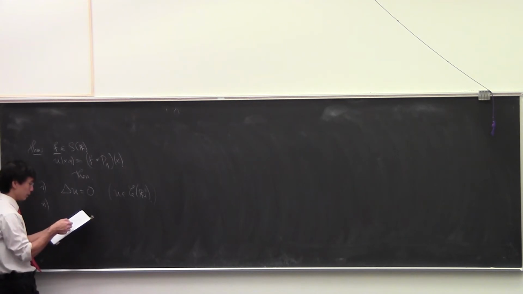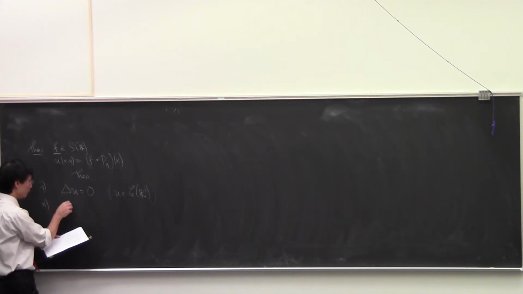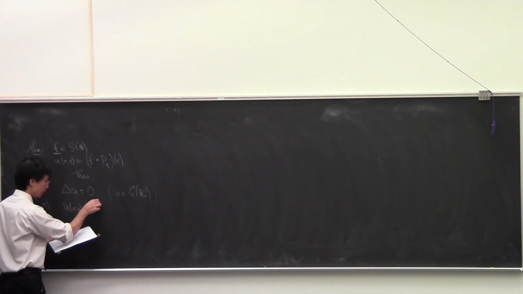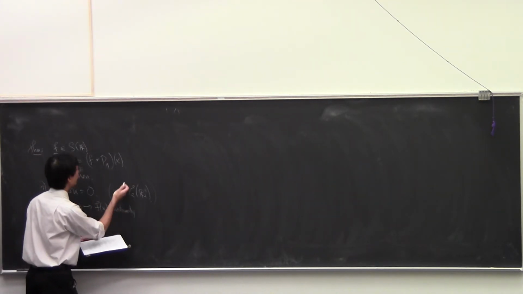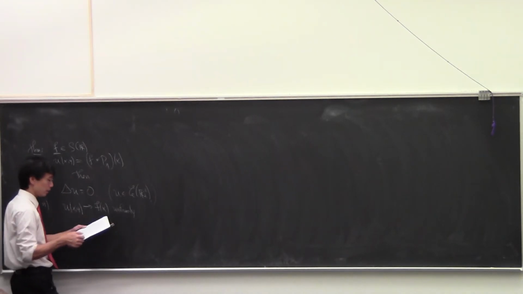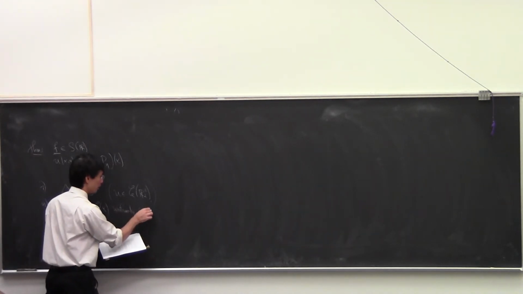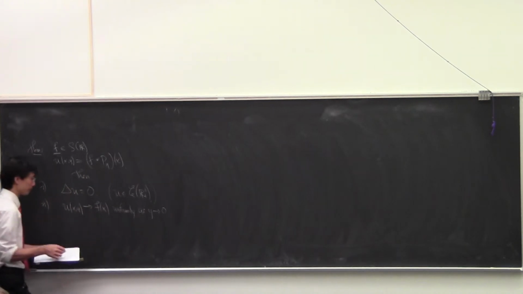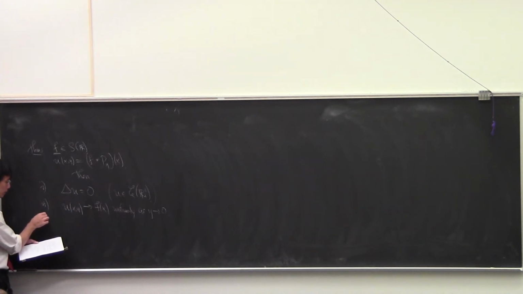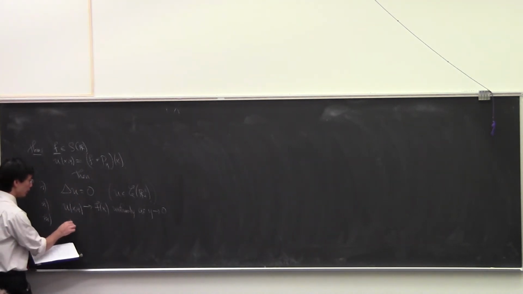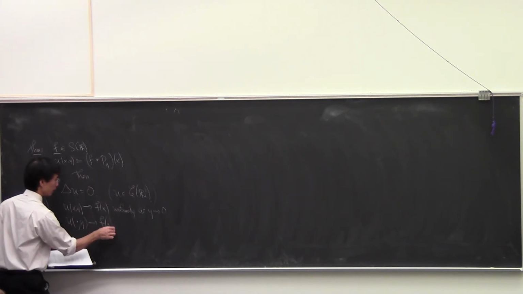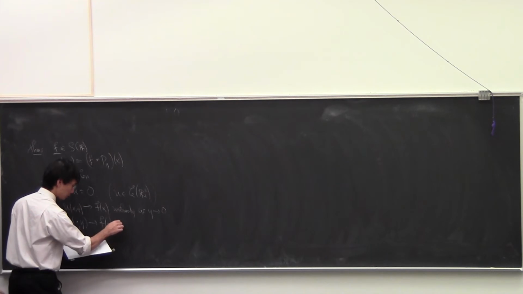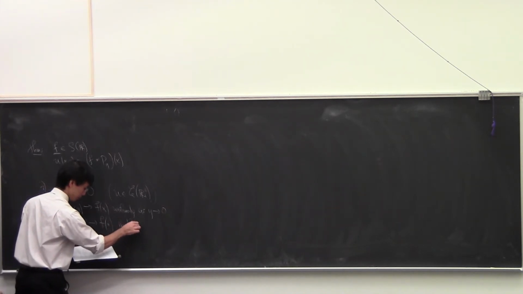So u(x, y) goes to f(x) uniformly, because of the Schwartz class decay, as y goes to 0. Number 3, u(·, y) converges to f in L2 as y goes to 0.